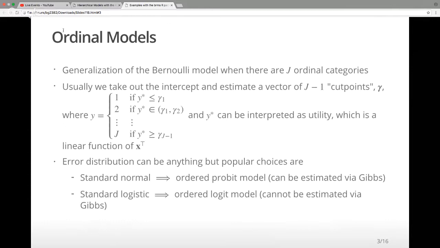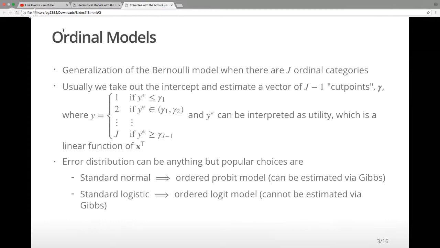The utility values have error in them, and the error distribution in principle can be anything, but the two most popular choices are to use a standard normal distribution for the errors, in which case you get a so-called ordered probit model.